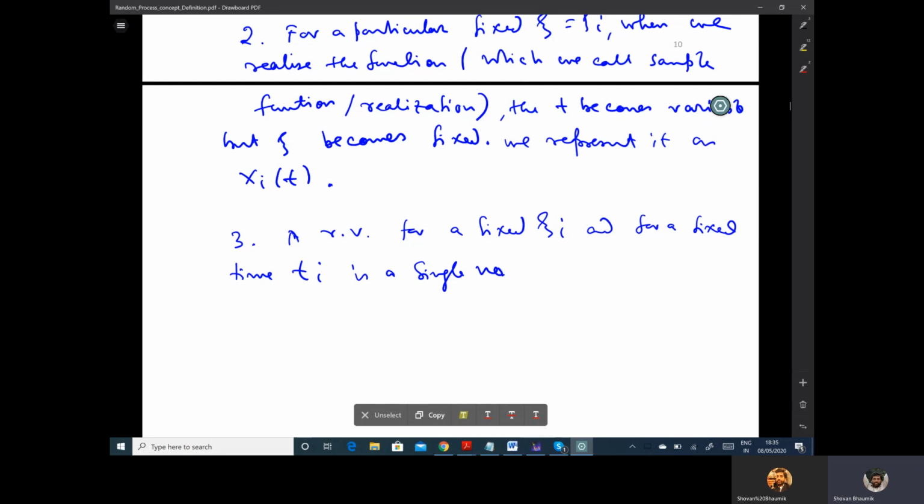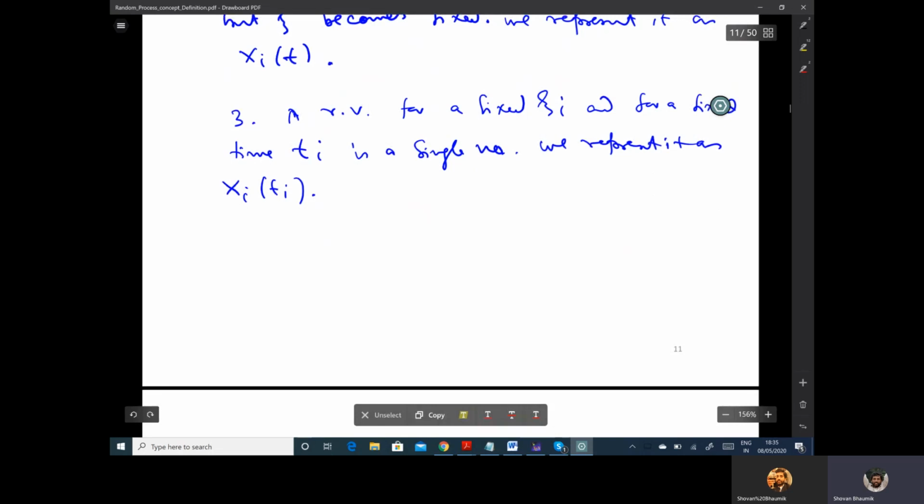So it becomes a single number. We represent it as x_i(t_i). For example, x_1(t_1), at time t1 and the first ensemble, or the outcome zeta 1, what will be the value? It will be a single value.